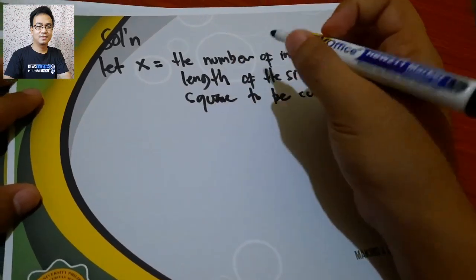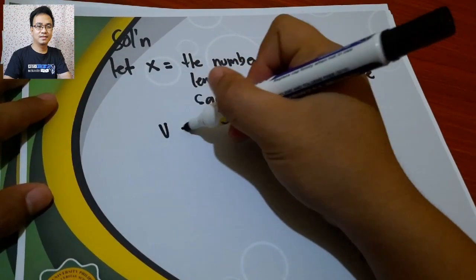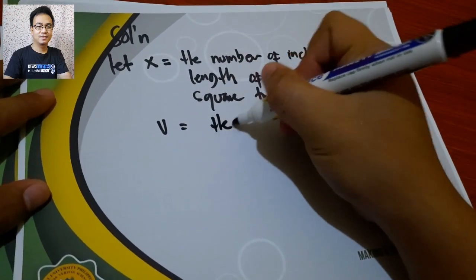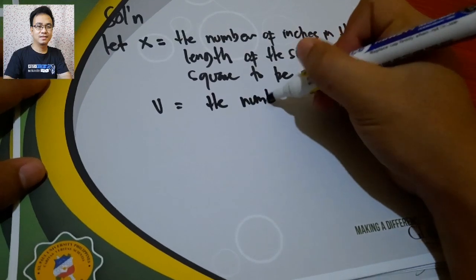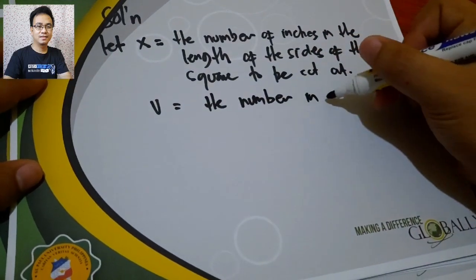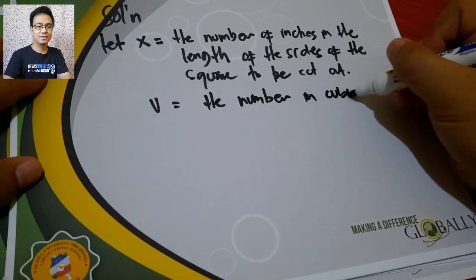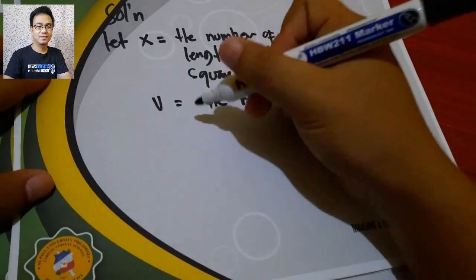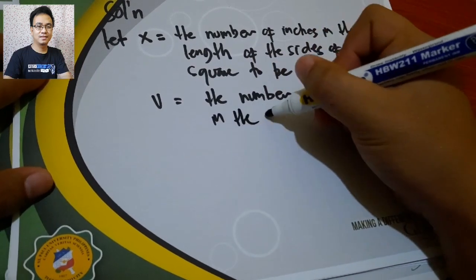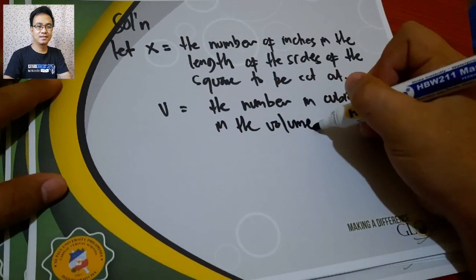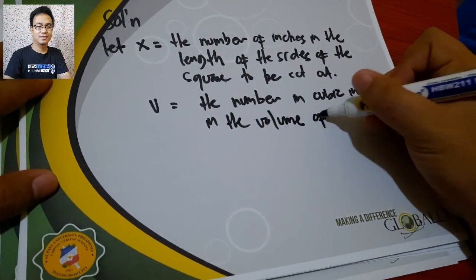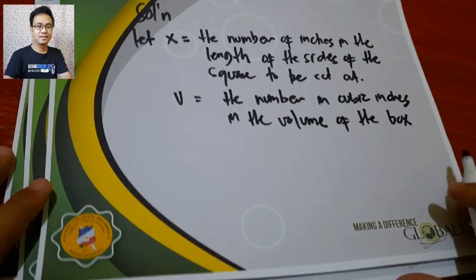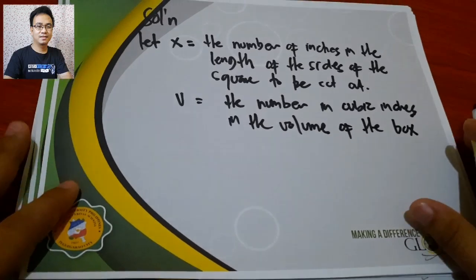And we also let v to be the number in cubic inches in the volume of the box. Okay.